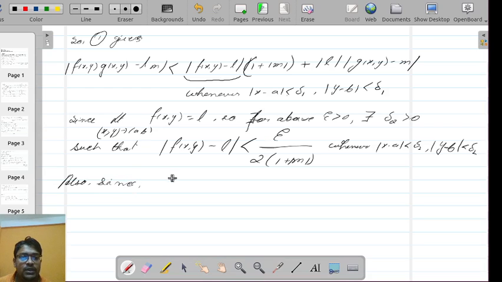This happens also since limit xy tends to ab of g of xy is equal to m.